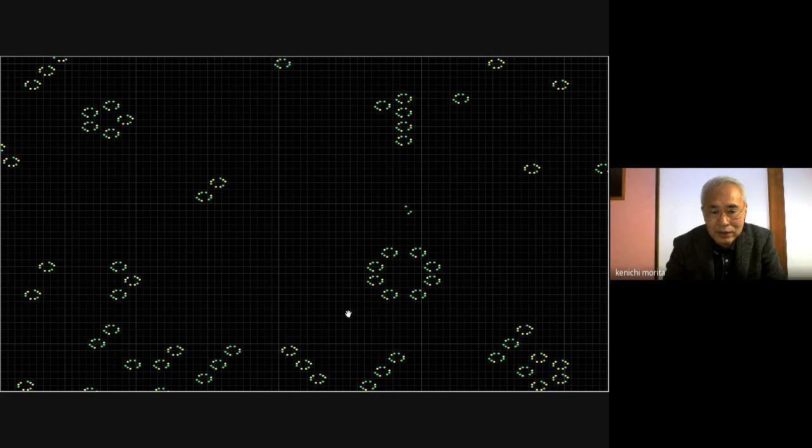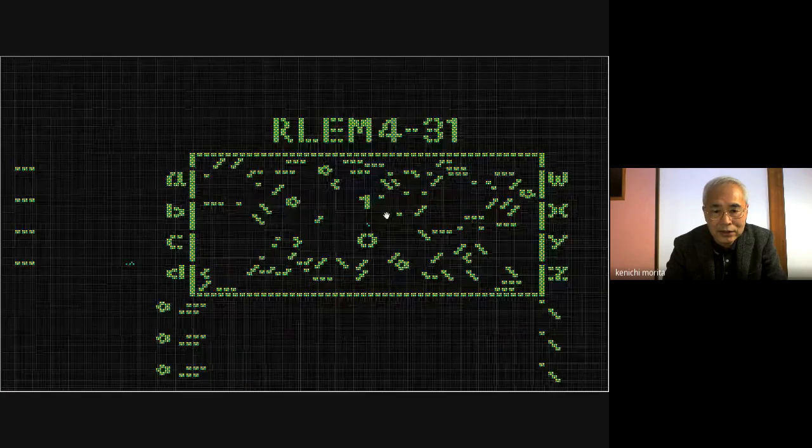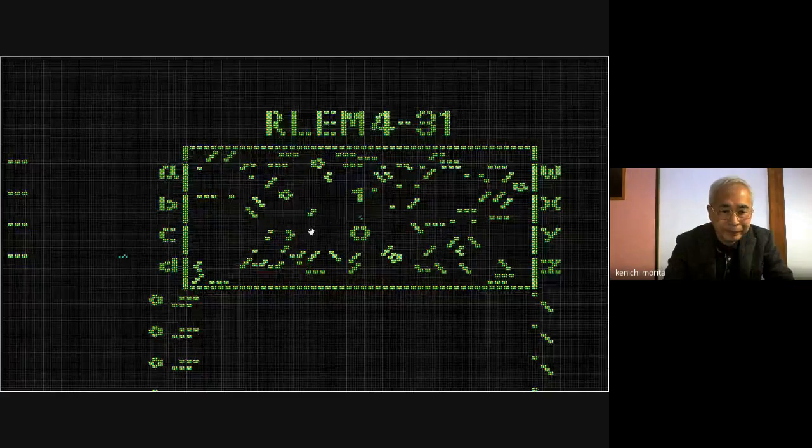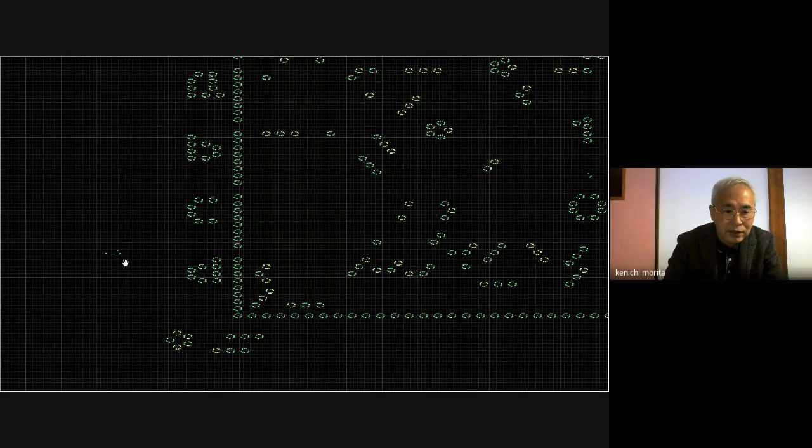Therefore, it is assumed that this element stays in the state 0. And a glider signal is given from this input port.